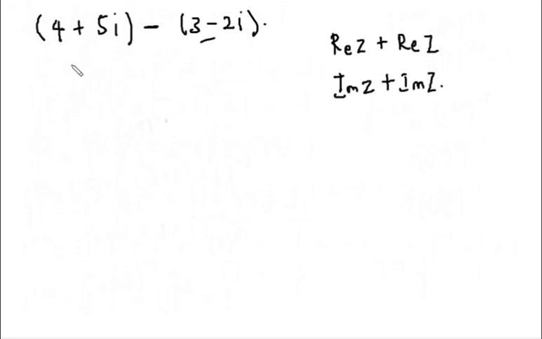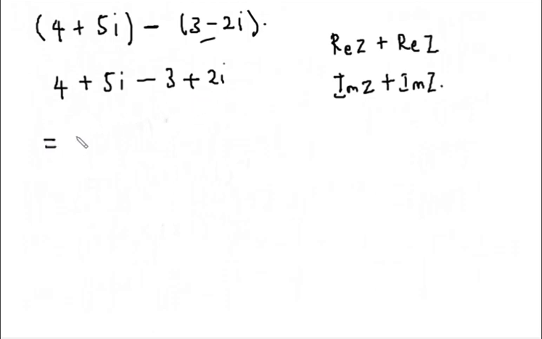So in this case, we have 4 plus 5i minus 3, this minus should open this bracket, so plus 2i. Okay, so we take together the real parts and together the imaginary parts, like collecting like terms.